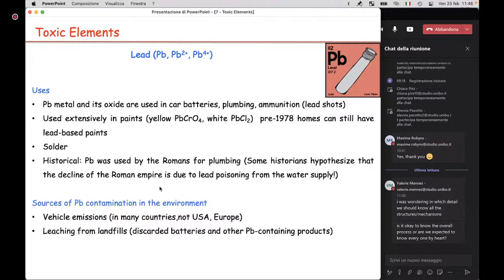Historically, of course, lead was used extensively for plumbing by Romans.